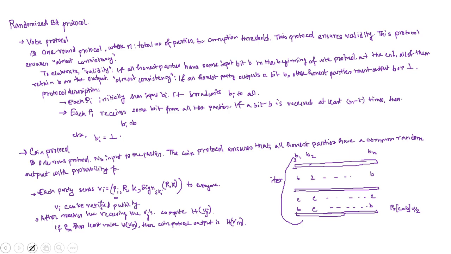Okay, so that is all about the randomized PA protocol, and we had seen that after the application of the proper modified broadcast protocol, we can achieve an expected constant number of rounds for the randomized PA protocol.